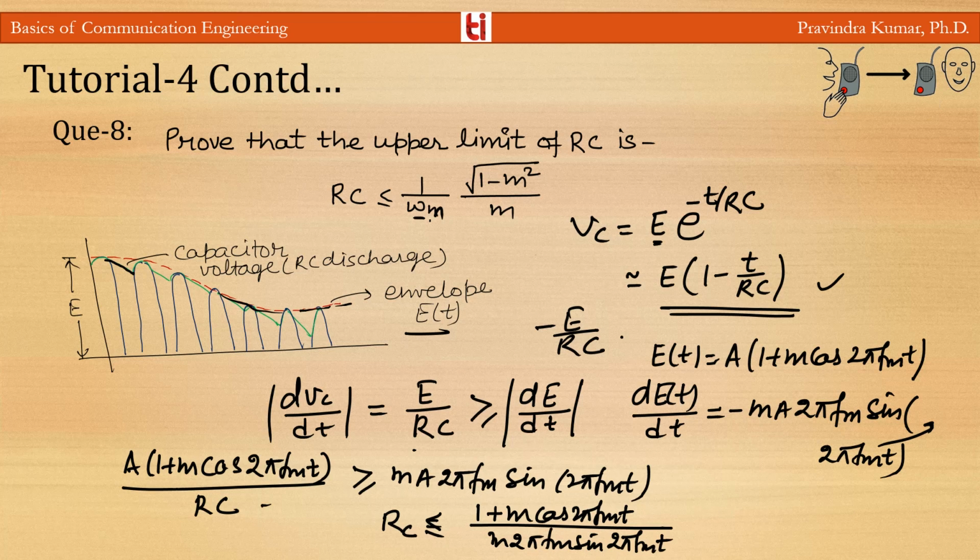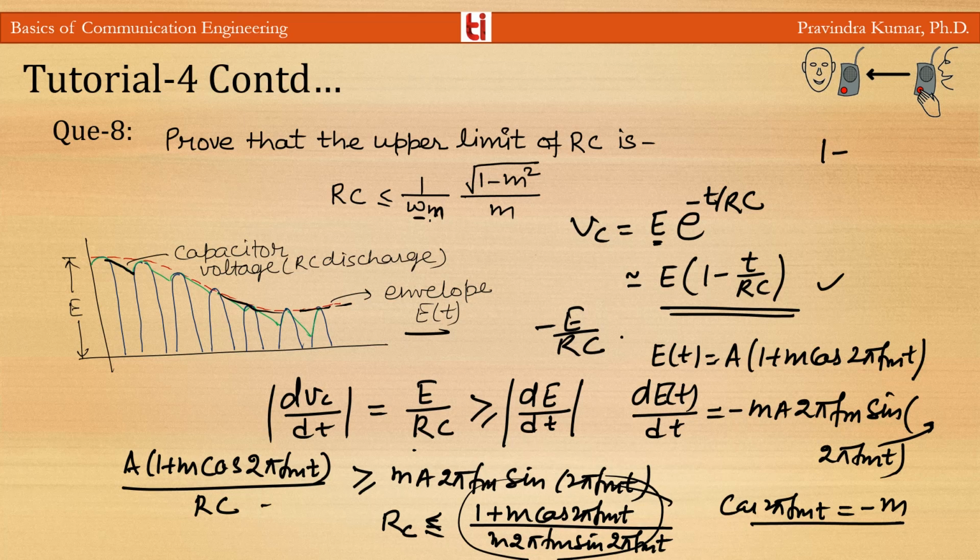The worst possible case occurs when the right hand side is a minimum. This is found when cos 2πf_m t is equal to −m. For this case the right hand side is the square root of (1 − m²) divided by m 2πf_m.